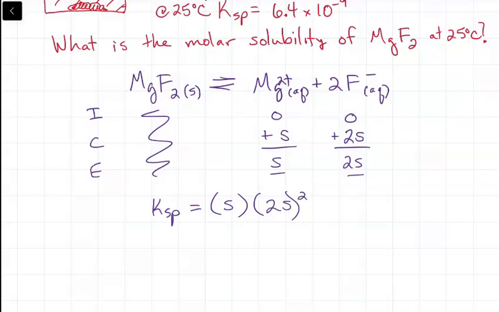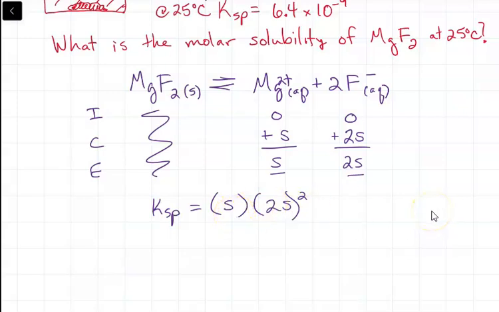So it's S times 2S squared, and we have to figure out what S is. All right, so we've got some like terms, obviously, we can combine. We can also square not only our S, but also the 2 as well. So that's going to become 4S squared, right? So 2 to the second power, and then we also take the S to the second power. And then we still have to multiply by this S over here.